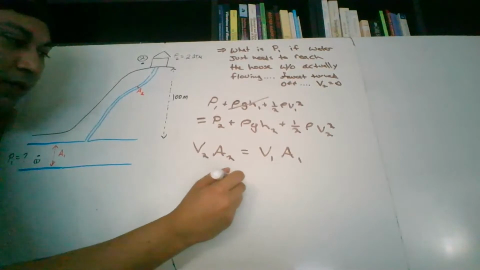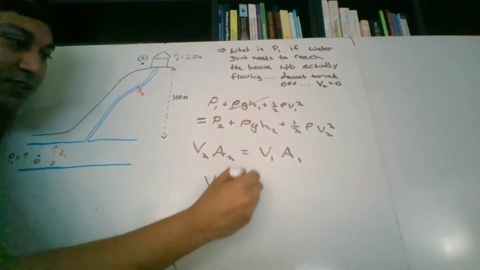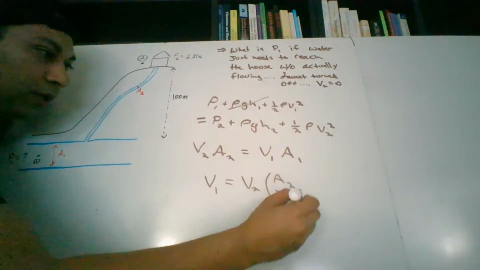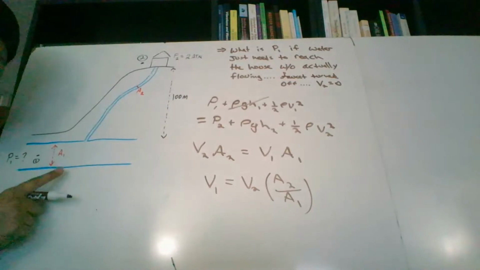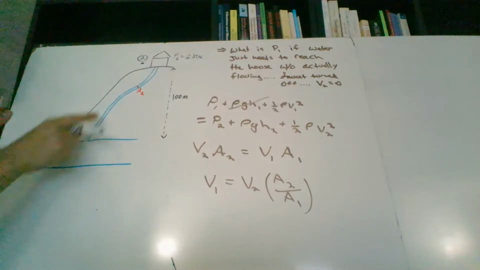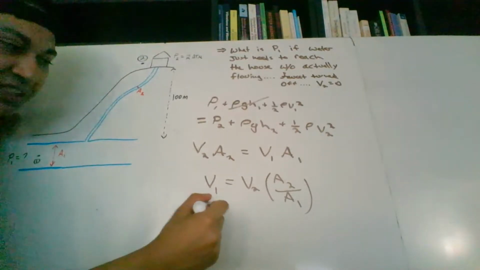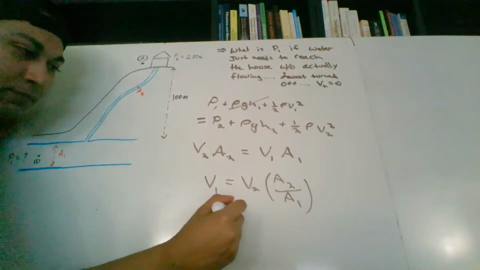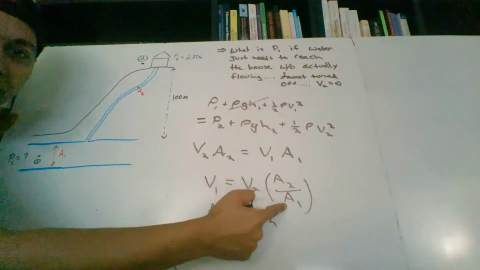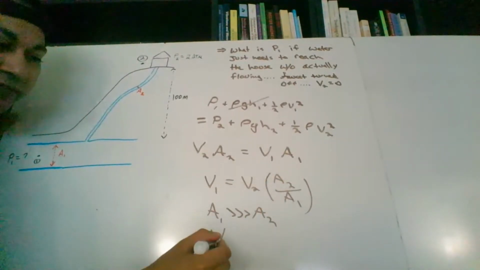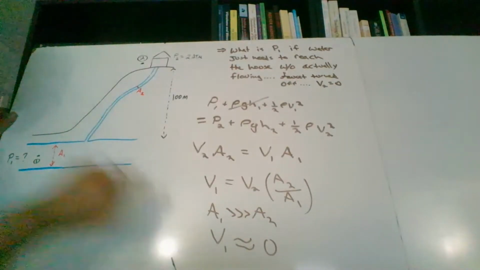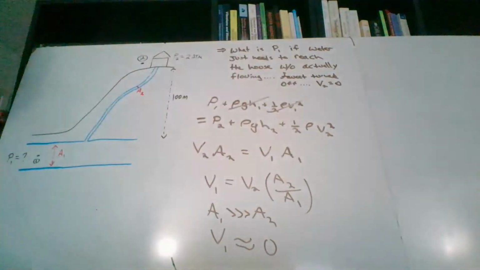The velocity at 1 would equal v2 multiplied by A2 divided by A1. Now, if we look at area 1 here and compare it to area 2, this is the cross-sectional area right here compared to the cross-sectional area there. We can say that A1 is much, much, much bigger than A2. And if the denominator is much bigger than the numerator, we can say that v1 is going to be roughly 0 velocity. So v1, gone.